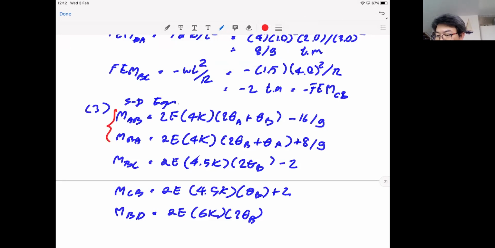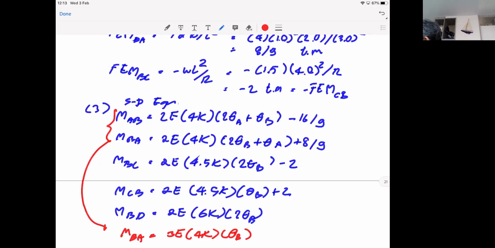You see, you can eliminate this, but in the end, it will give you MBA just like that equation, which is equal to 3EK over 4K, zeta B, MBA, right? Plus 8/9 minus 16/9.